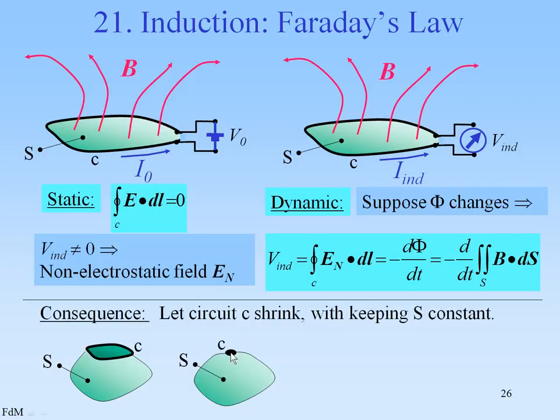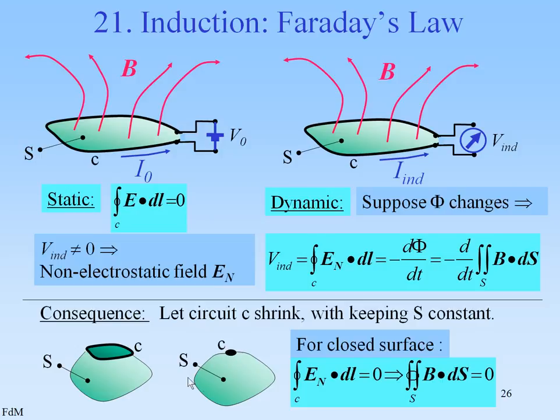We can shrink it to a point, and then it virtually disappears, and then we have a closed surface here, closed surface, the integral of B dS is 0, and this means that this path integral of E dl will be 0. For a closed surface we will have that E dl is 0. Because suppose the B is changing, the same flux will go in and out at any time.